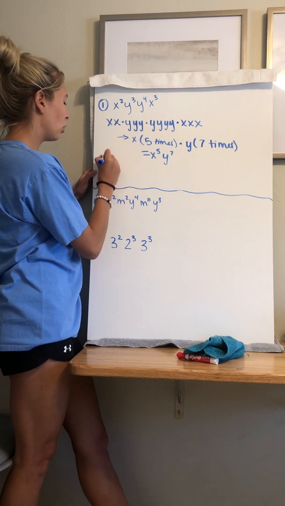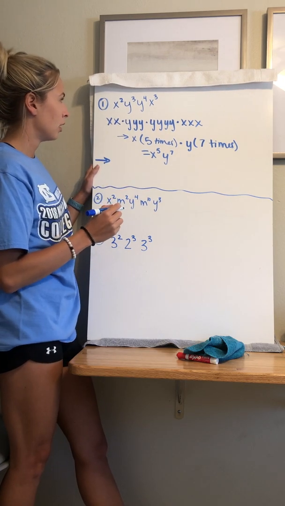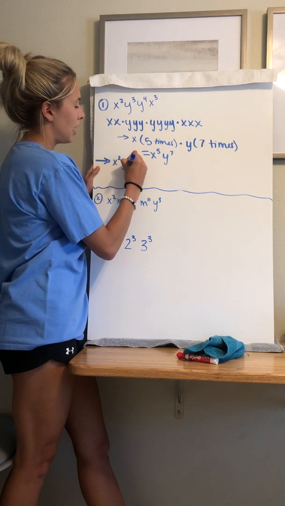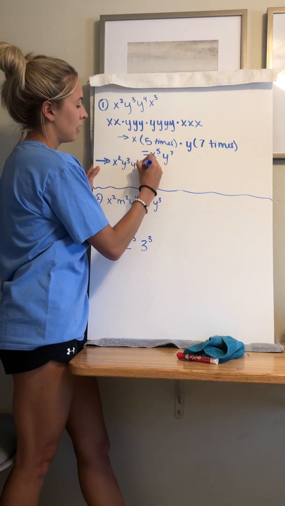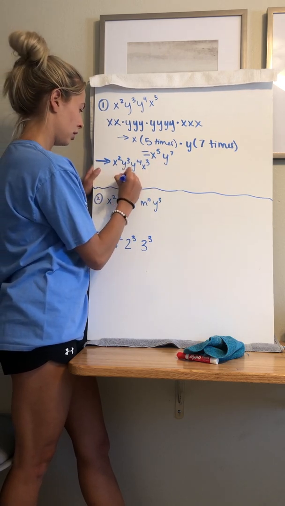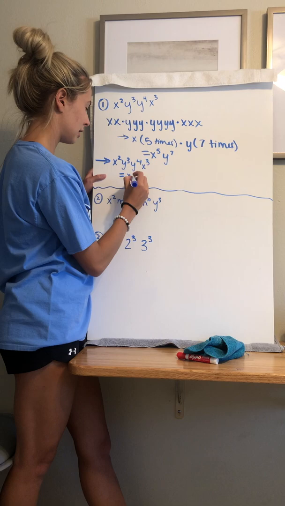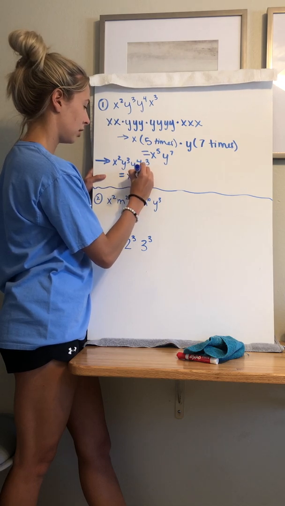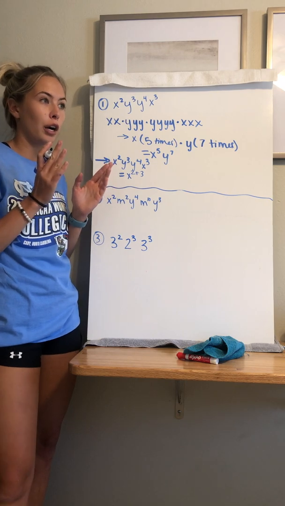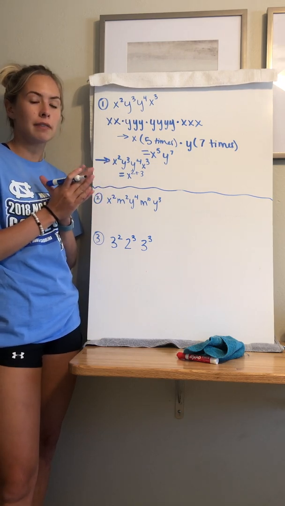Now using our rule, let's simplify this again and see if we get the same expression that we just found. So this will equal x to the 2 plus 3, right? Because again, we are adding our exponents if they have the same base.